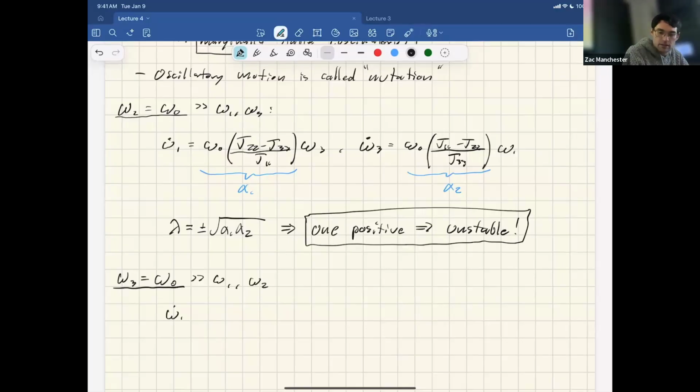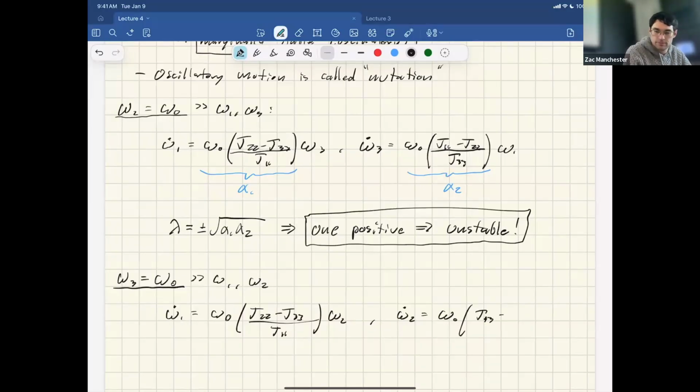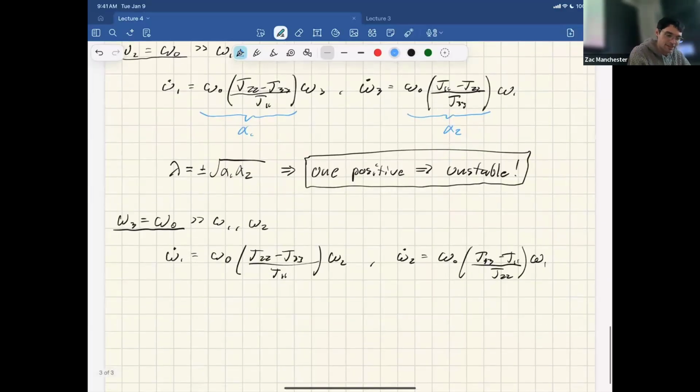So here we get oscillating things about the first and second axes. And let's see. Alpha 1, alpha 2.